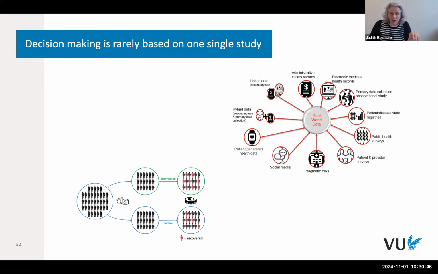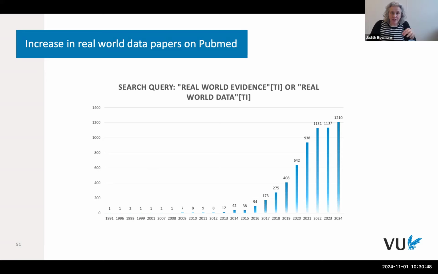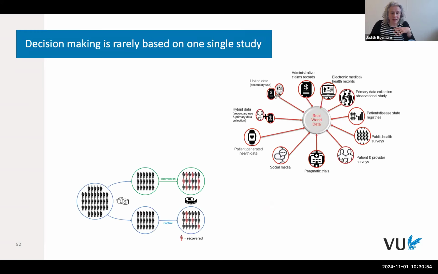But it's also important to realize that although real world evidence is very important to inform decision making, that decision making is rarely based on one study only, right? So often we have a RCT, then the intervention is implemented in standard care.